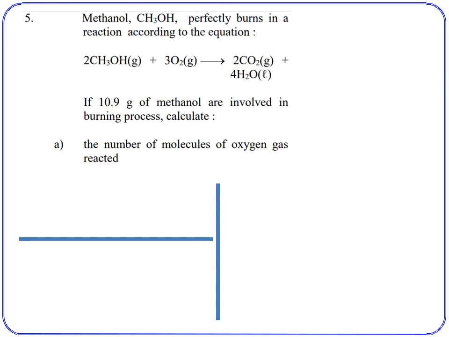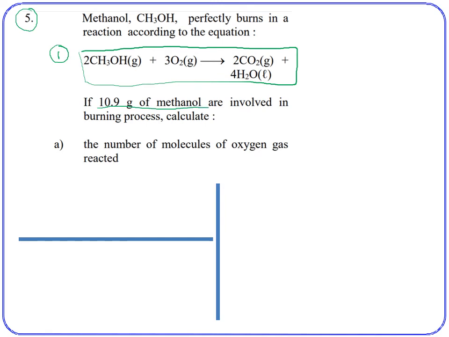Okay, now we are at question number 5. As usual, when we read through the question, we notice there is a balanced chemical equation. Continue reading the question. You are given 10.9 grams of methanol. Okay, and then the question asks us to determine the number of molecules of oxygen gas.